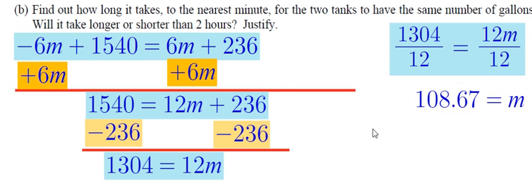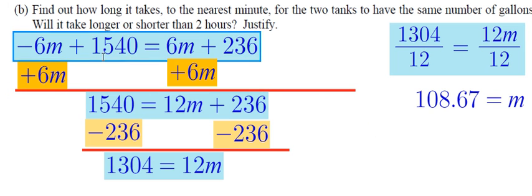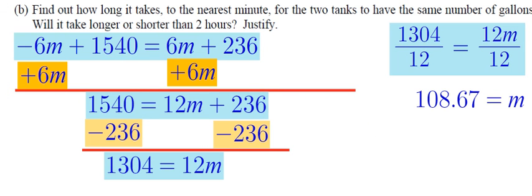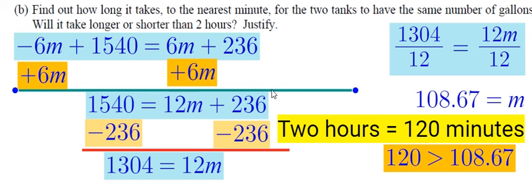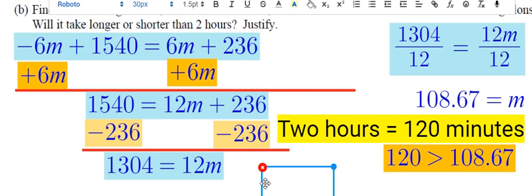If you remember, there's 60 minutes in an hour. 2 hours equals 120 minutes. Since 120 is greater than 108.67, it will take shorter than 2 hours for the tanks to be the same. And that's what we want to write as our response. It will take less.